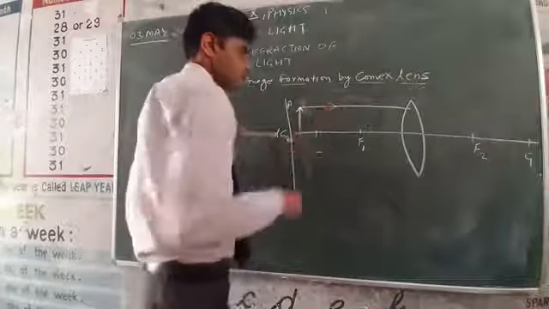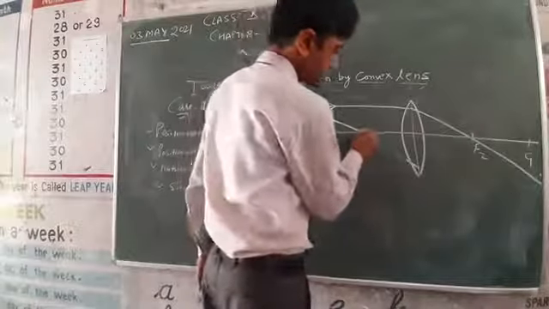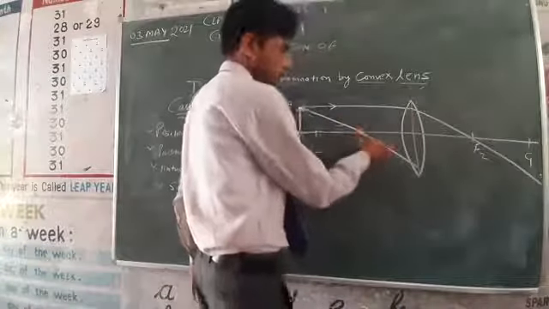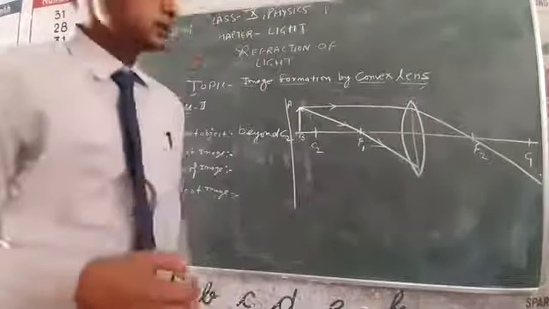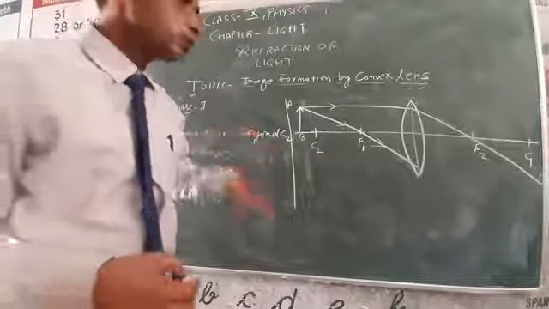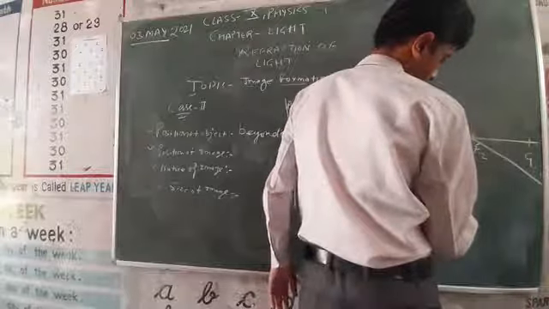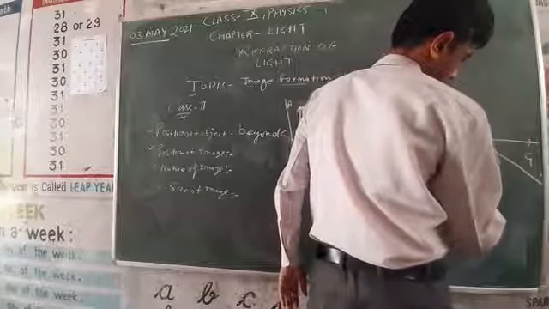This is a straight line because, as you know, rays of light travel along a straight line. After refraction, it becomes parallel to the principal axis. It means it becomes parallel to the principal axis.